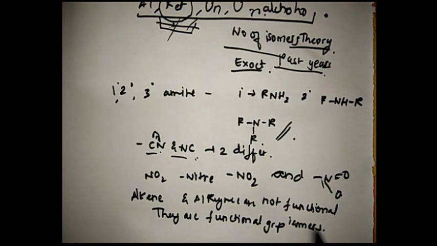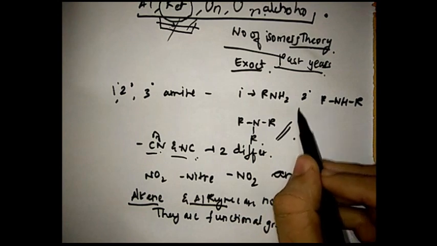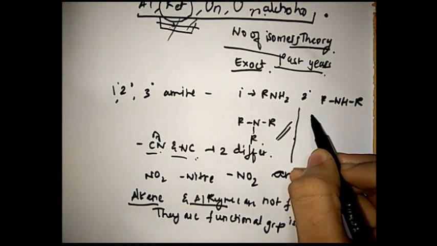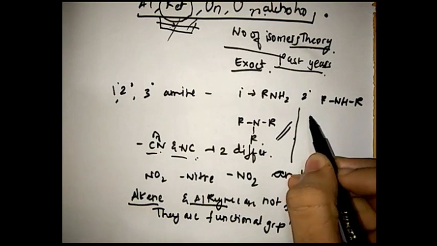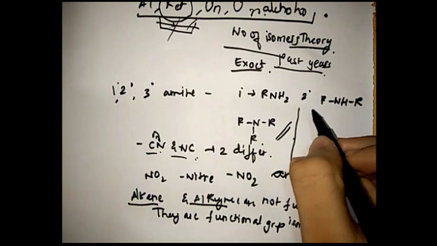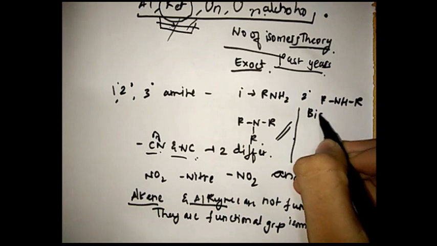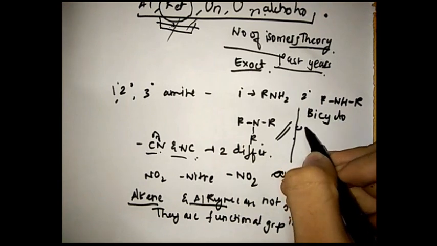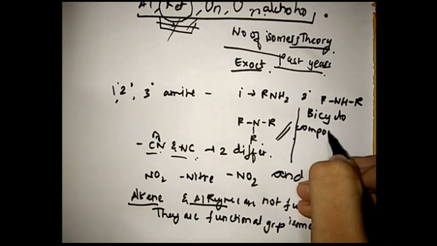So keep in mind that alkenes and alkynes are also functional group isomers, and still different things can be alkadienes, cycloalkenes, and bicyclo compounds. Lastly, I'll give a general formula for this one as well.